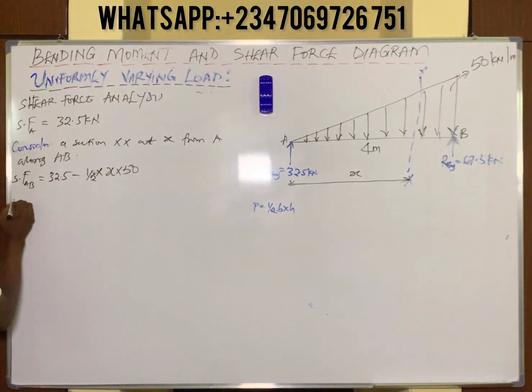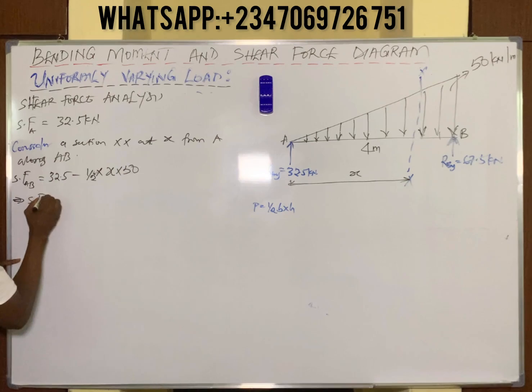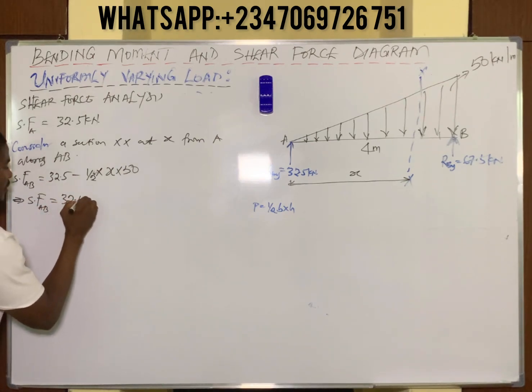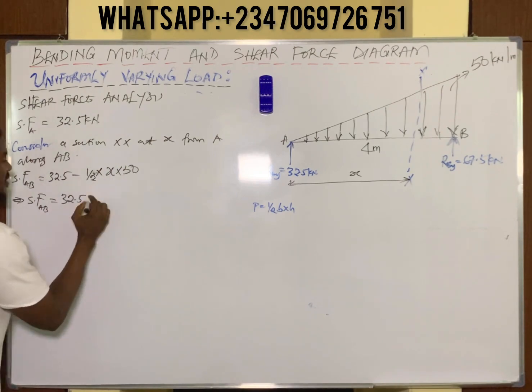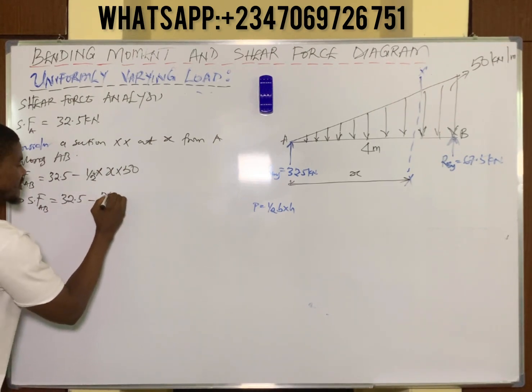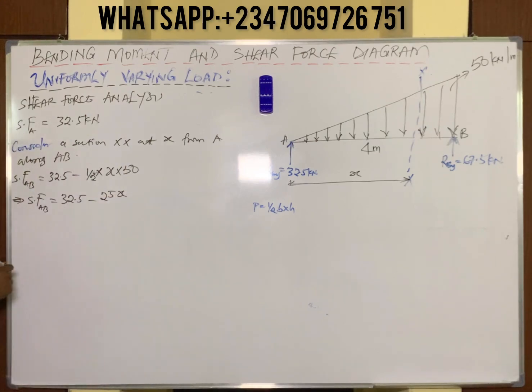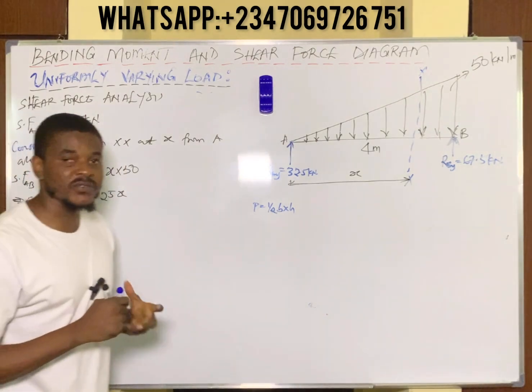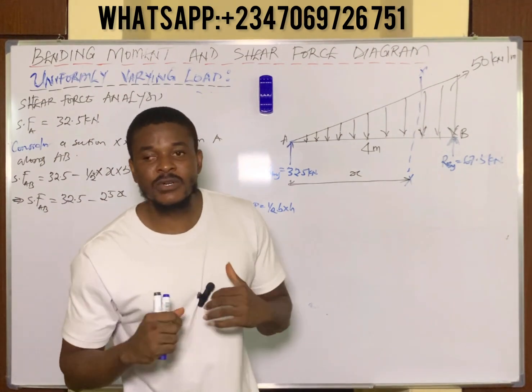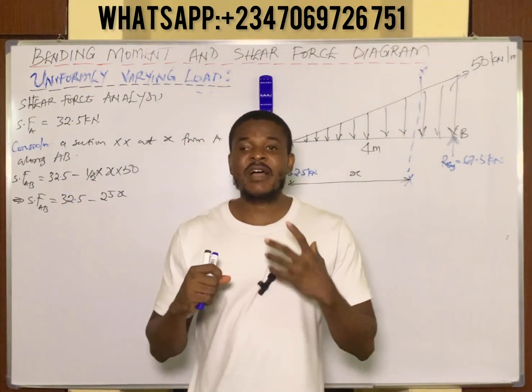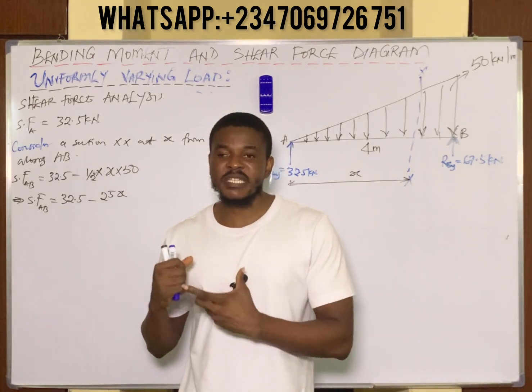If you evaluate this, shear force along AB is equal to 32.5, and half times 50 gives us 25, so you have minus 25x. Now this equation is our shear force equation, and if you equate it to 0, you find the point of maximum bending moment.